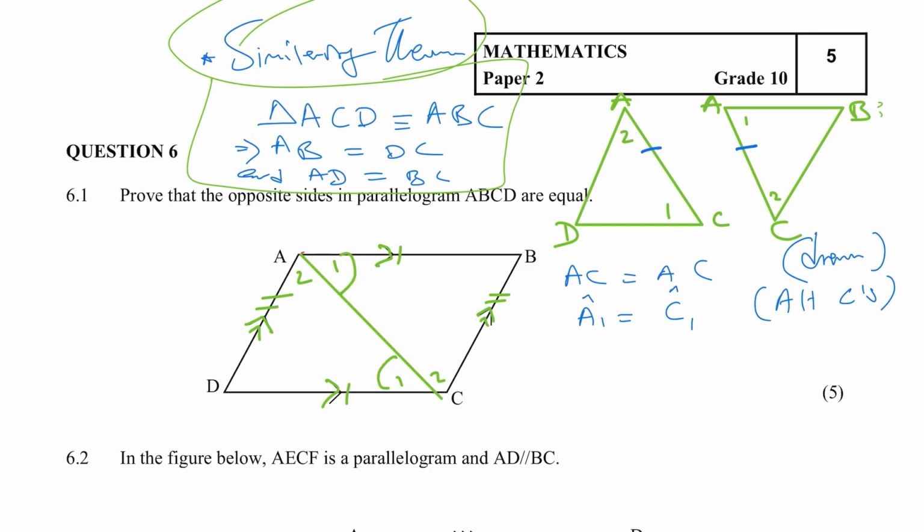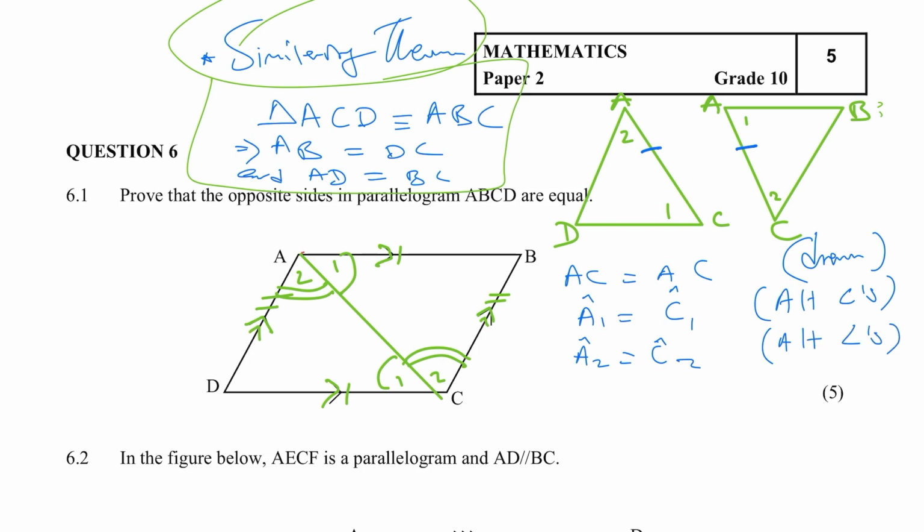And then again, if you look at alternate angles, this line here is parallel to this line, therefore this is equal to that. So we're saying angle A2 is equal to angle C2, and the reason is alternate angles.